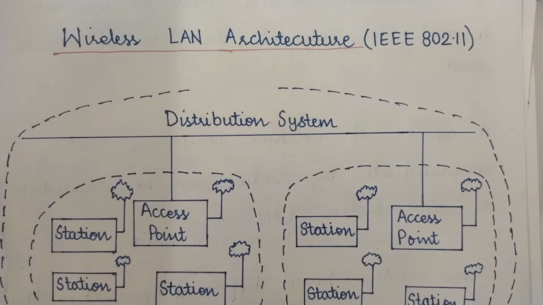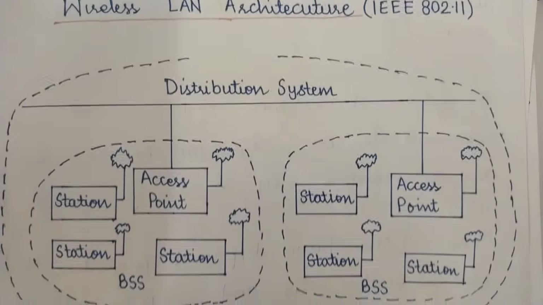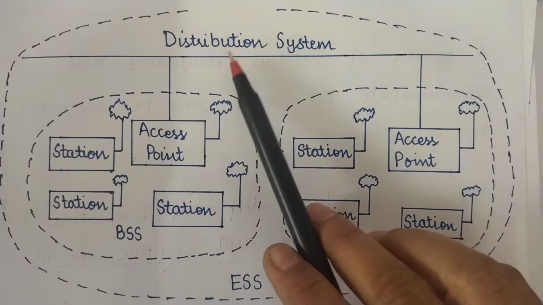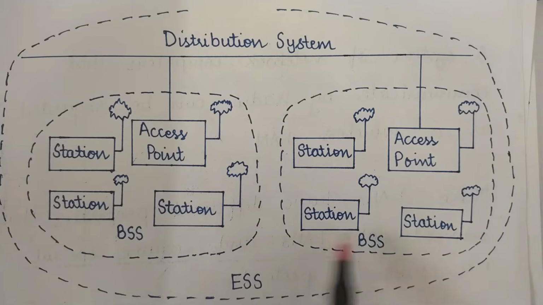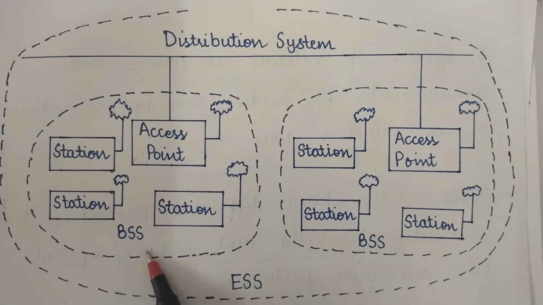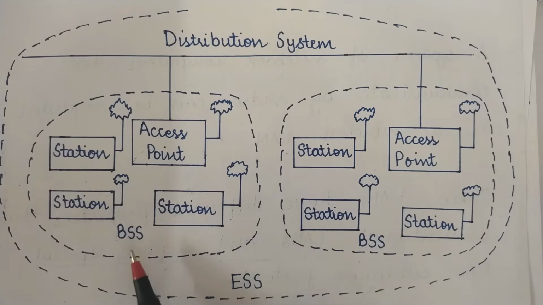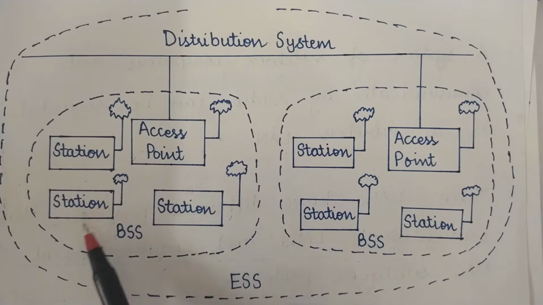Now let's have a look at the wireless LAN architecture. This will help us in better understanding the wireless LANs and their architecture. At the top, as you can see, there is a distribution system. Then there are two BSS, which we'll discuss later. Within each BSS, there are multiple stations.